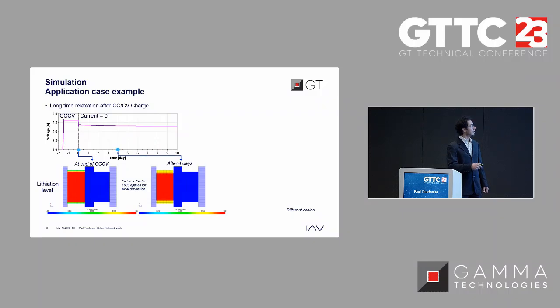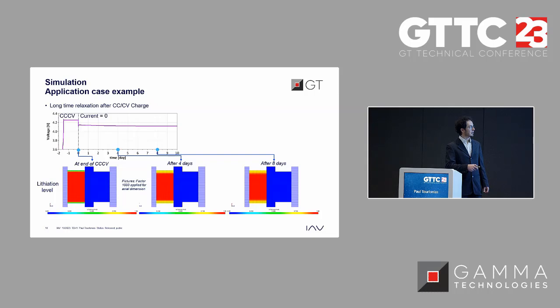And we accordingly can plot the similar results for the anode overhang region, starting from some partly loaded area. And along the time, we have homogenization of the lithiation level. And this is here the picture after 4 days, and here after 8 days. So kind of convergence of the results.